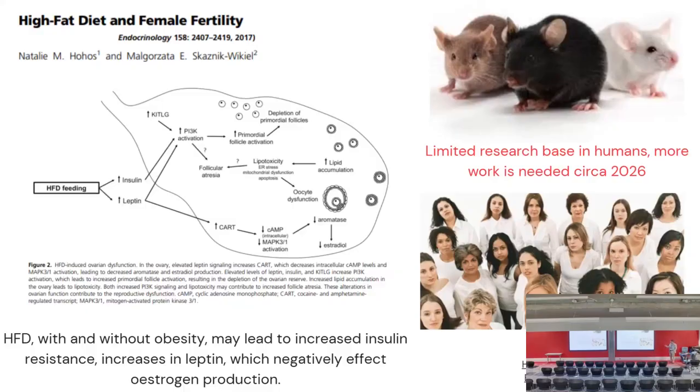And what it kind of concluded was, a high-fat diet with and without obesity may lead to insulin resistance, increased leptin, which negatively affects estrogen production. So you can see here we've got an ovary, we've got the high-fat diet leading to an increase in insulin and leptin, we've got multiple signaling pathways, but ultimately what's happening is we're seeing aromatization going down, which leads to a reduction in estrogen.